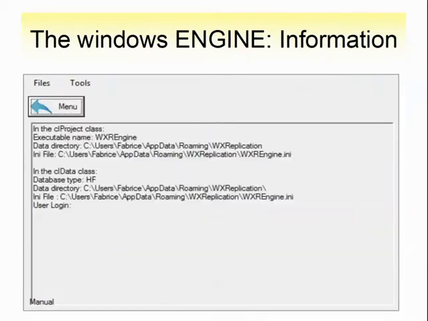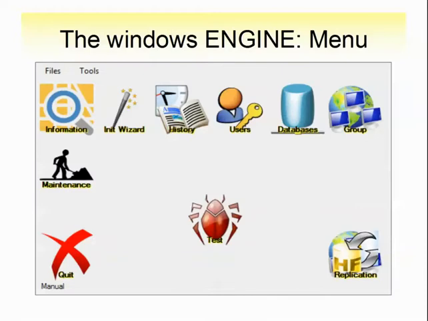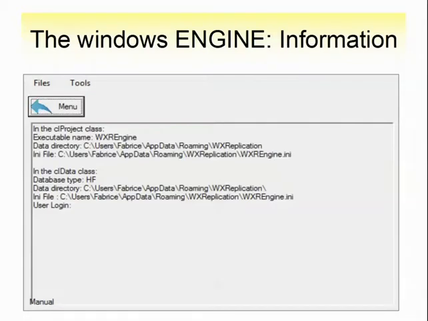Information. We're going to go through all of them in order. When you click on information, that's a little trick that I also have on the Windows side. It's something that I like to put in my programs, at least to be available in test mode. I have a simple window that is calling methods in my generic classes.